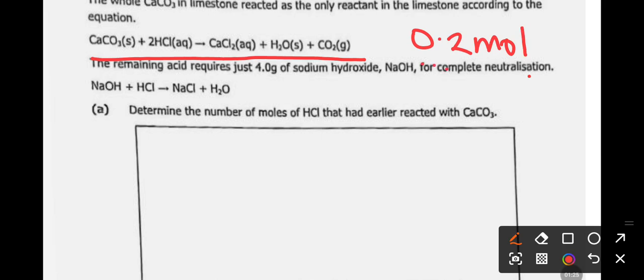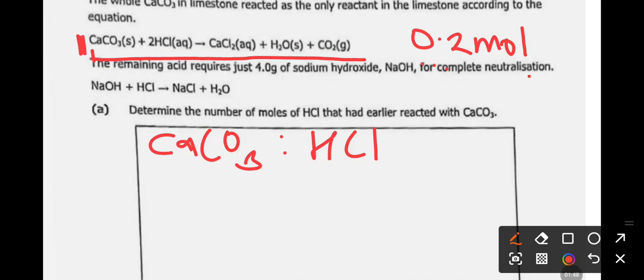So with this information, we can find the number of moles of calcium carbonate in this reaction. To do so, we'll have calcium carbonate here as well as HCl. The stoichiometric coefficient of calcium carbonate is 1, and the stoichiometric coefficient of hydrochloric acid is 2.